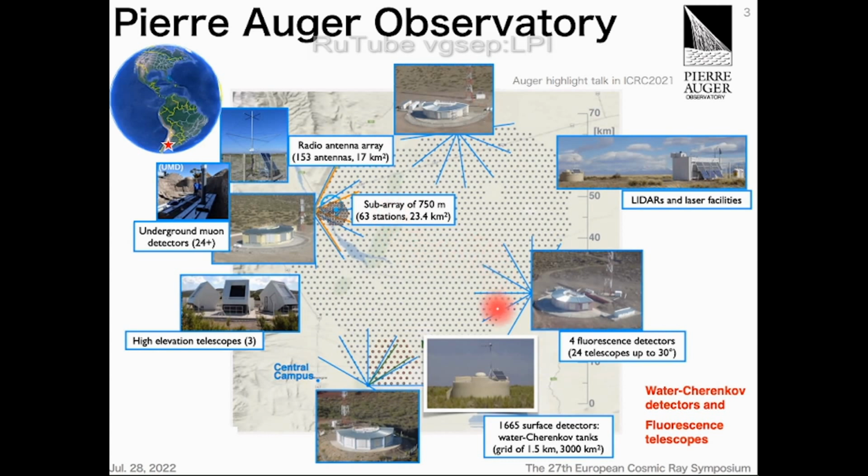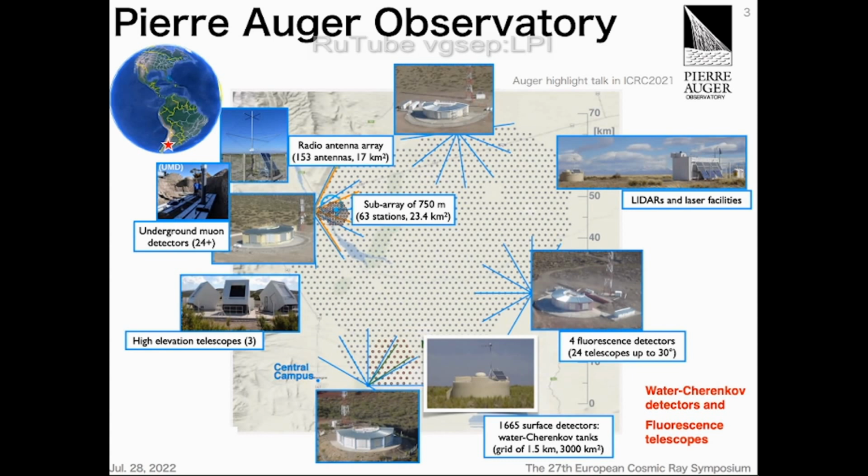They also have 4 fluorescence detector sites, and in total the number of telescopes is 24. The FD overlooks the surface detector array up to 30 degrees in elevation.